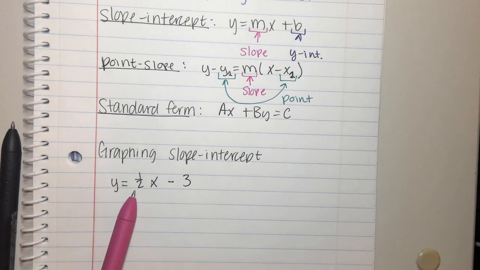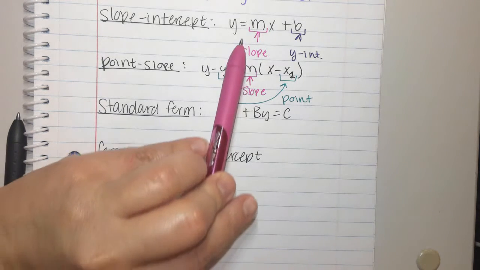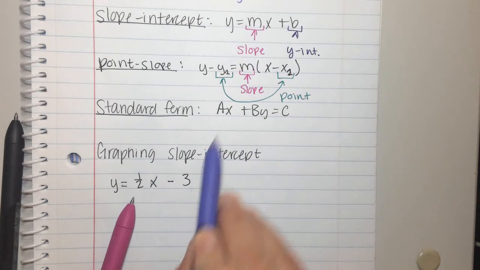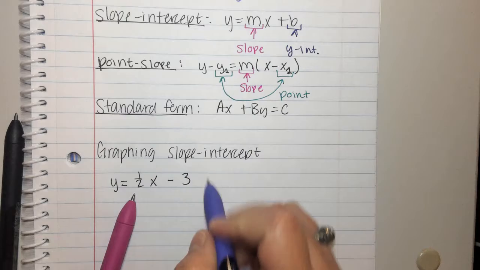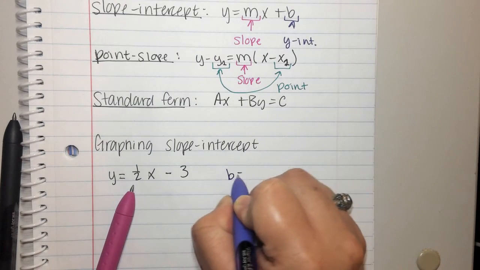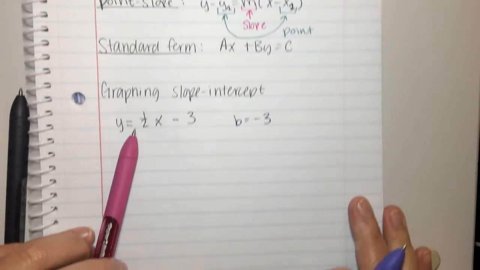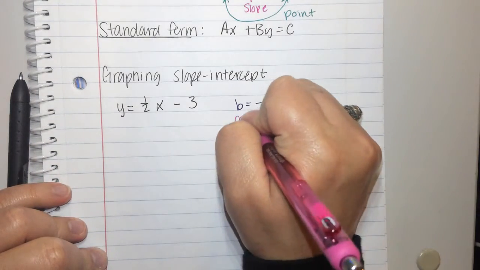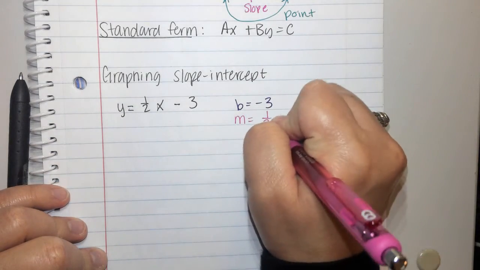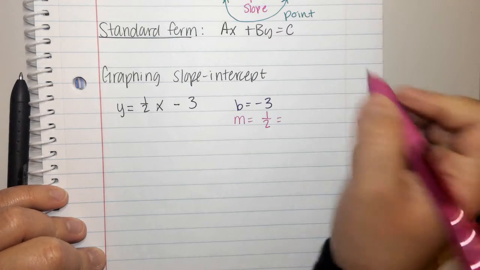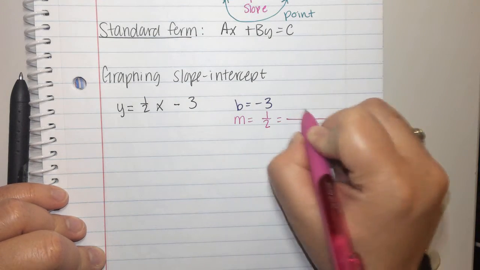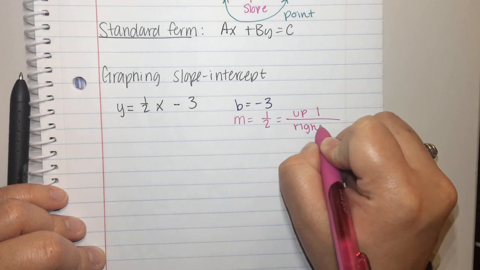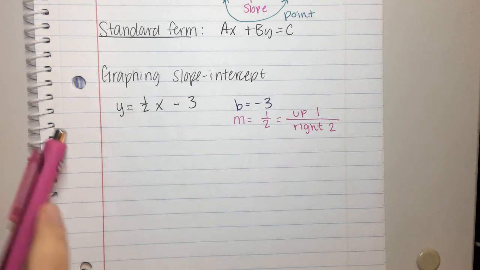This is our slope, and this is our b. This is our y-intercept. So b equals -3, and then m equals 1/2. So what this 1/2 is telling us is that we're going to go up 1 and then right 2.